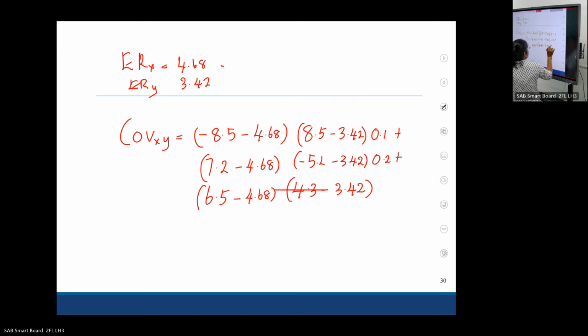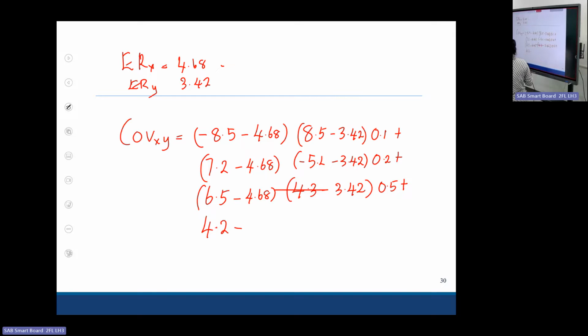Probability 0.5. Thus, in the last state of the economy, forecasted return 4.2, deviation from the expected 4.8. 7.5, XY deviation from its central, equal to probability.